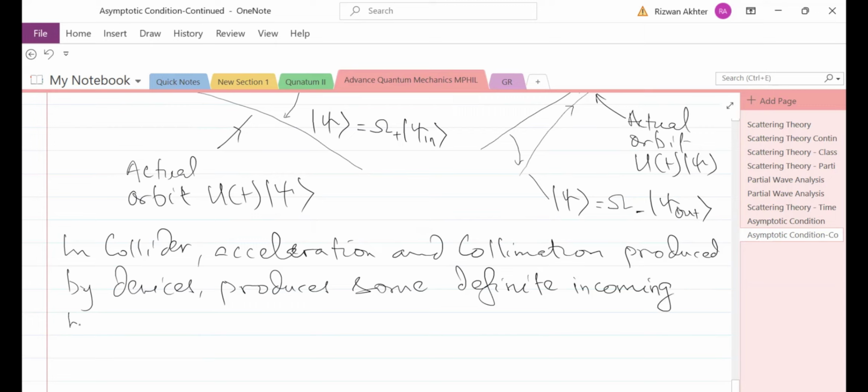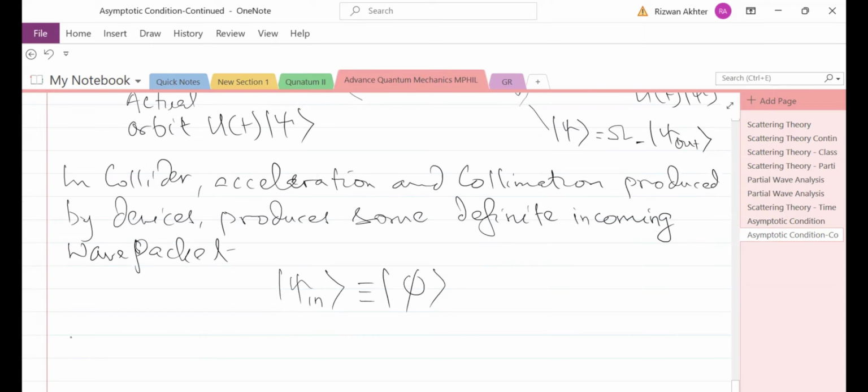This is sort of denoted by, let's say, psi in, and now let's give it the name phi, which is the incoming wave packet.